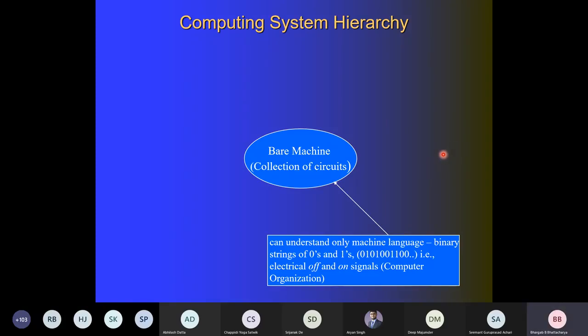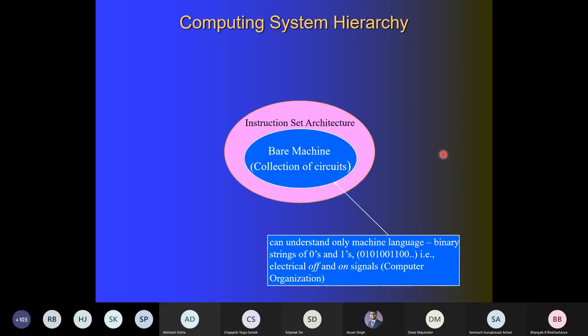So what do you need to do? Translate. Suppose there is a string of zeros and ones that signifies some addition operation. Instead of writing a string of zeros and ones, I can compactly write add, or shift, or move, something like that.